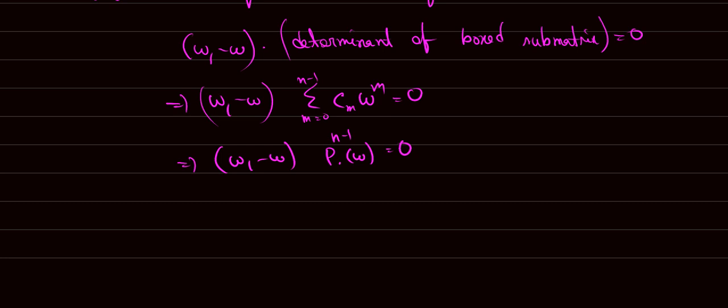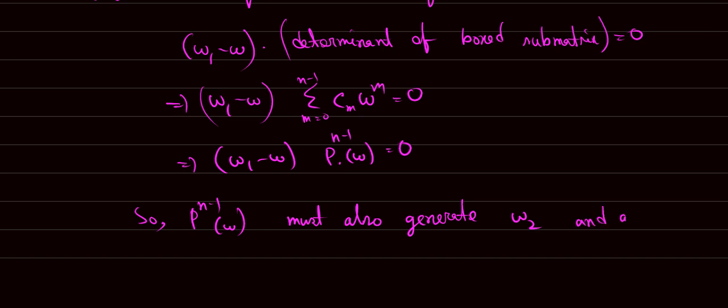So as we know, this polynomial must also generate a second root omega 2 and an eigenvector like this, omega 2 ket.